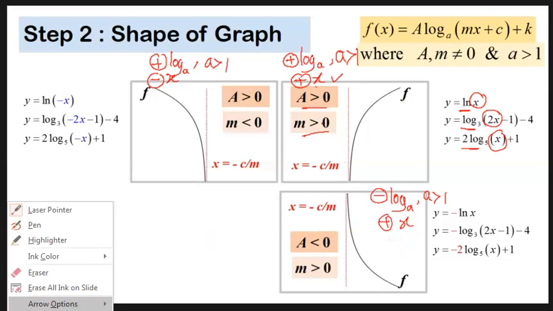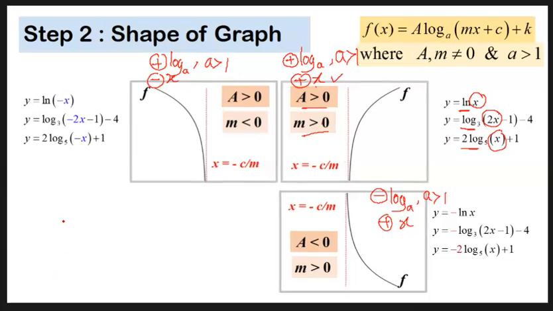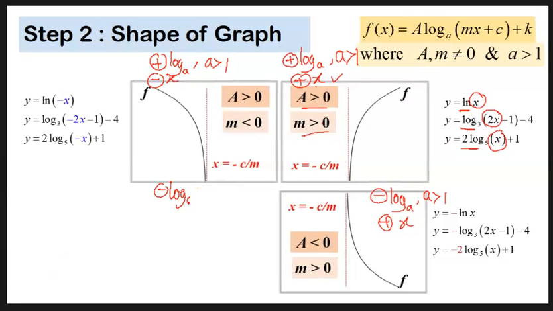And finally, let's say both the log and the x terms come with negative coefficients. So we have negative log for a greater than 1, and negative x. What will happen to the shape of the graph? Let's see. If you look from the graph above, from plus log minus x changing to minus log minus x, then from the graph on top to the new graph here, it is considered flipped vertically.